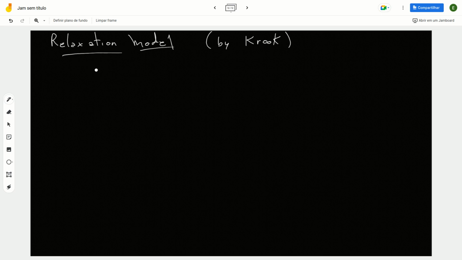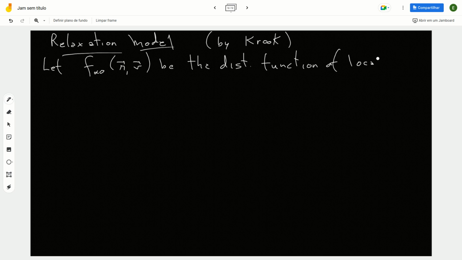So let f0, a function of r and v, be the distribution function of local equilibrium. If we're in equilibrium, then it's not a function of time.